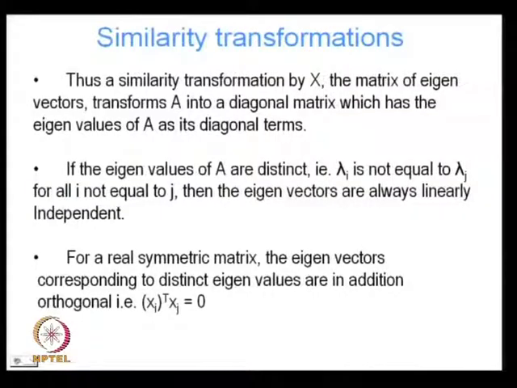And we know that for a real symmetric matrix, the eigenvectors corresponding to distinct eigenvalues, in addition to being linearly independent, are also orthogonal. That is not true always, but it is only true for real symmetric matrices that the eigenvectors corresponding to distinct eigenvalues are mutually orthogonal.